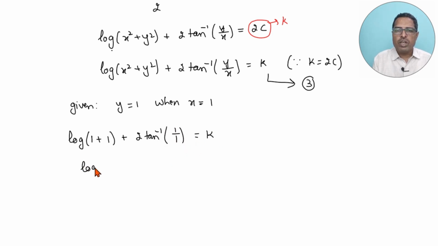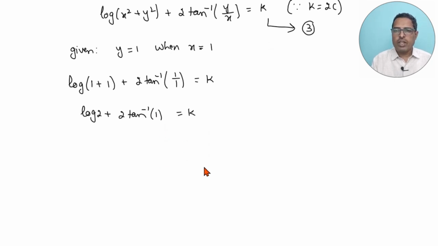So we have log of 2 plus 2 times tan inverse of 1 is equals to k. What is tan inverse of 1? Tan inverse of 1 is nothing but pi by 4.